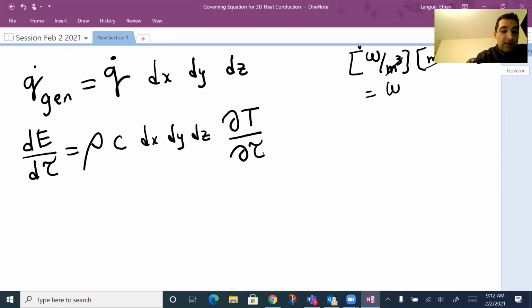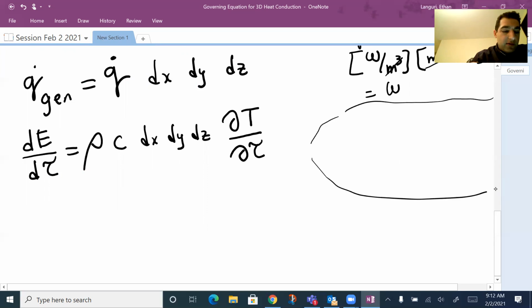We talked about it when we derived the 1D equation for conduction. As a side note, I can quickly talk about it here as well. Remember, we can show the rate of energy as m dot Cp delta T, or sometimes we show it as m c delta T over delta time.